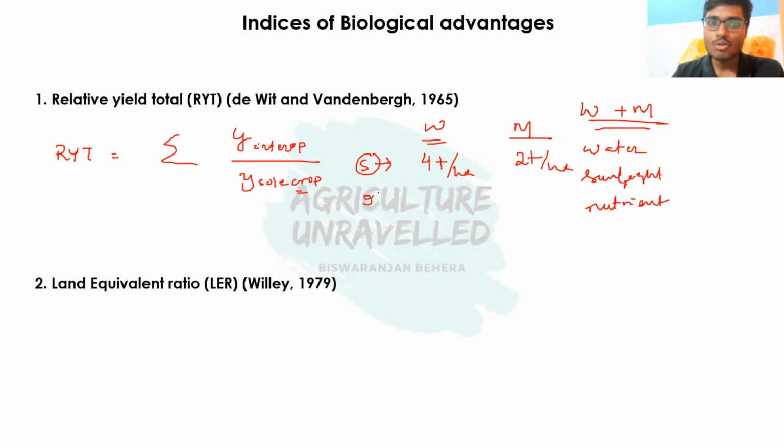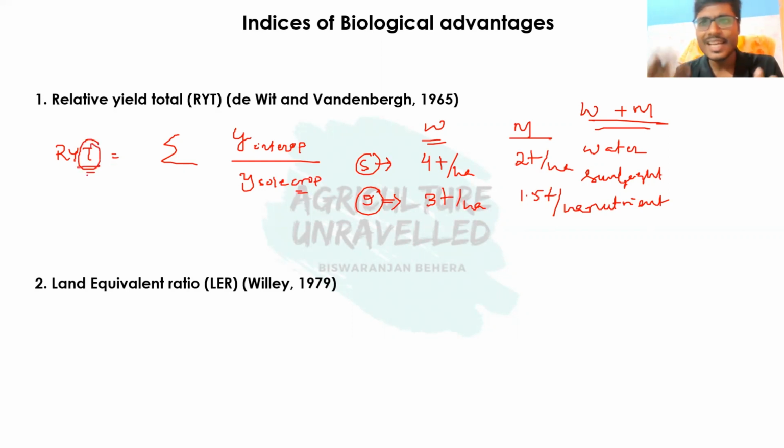But when these two crops are intercropped, the intercrop yield of wheat is 3 ton per hectare, and the intercrop yield of mustard is 1.5 ton per hectare. So calculate the relative yield total.